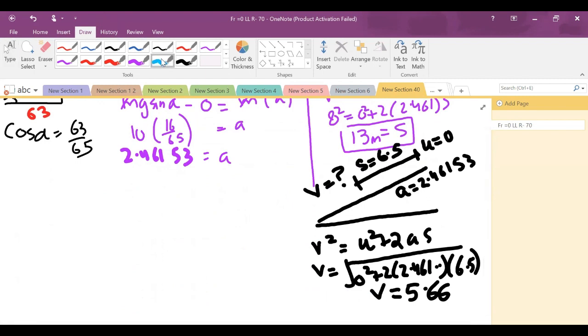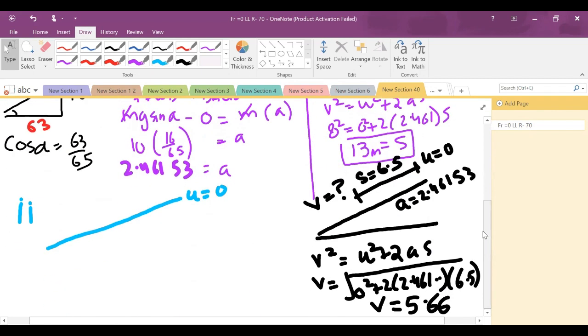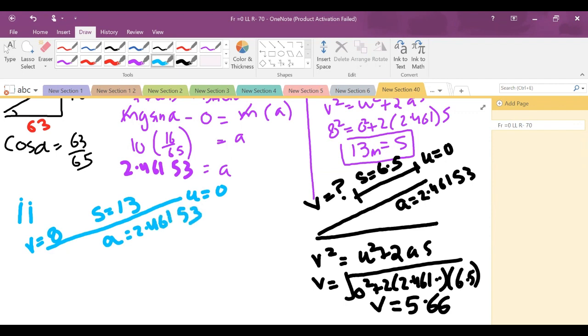Okay, so part 2 में हमें पता है कि अगर टॉप से बॉटम आ रहे हैं तो u 0 है, v क्या था बॉटम पे 8 था मेरे ख्याल से, यस v 8 था, s 13 था और a भी हम निकाल चुके हैं 2.46153. अब पीछे रह गया टाइम फाइंड करना, टॉप से बॉटम तक आने तक का टाइम क्या है. सो आई एम गोइंग टू यूज v is equals to u plus at.